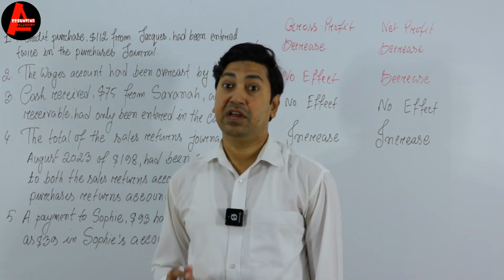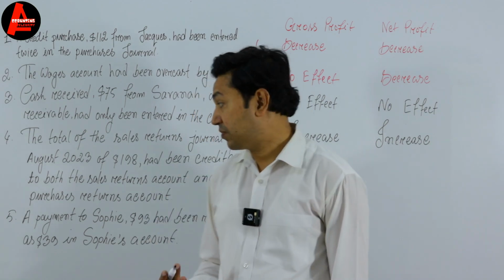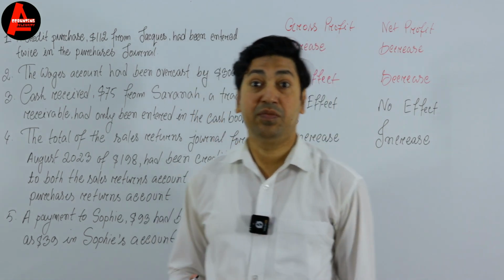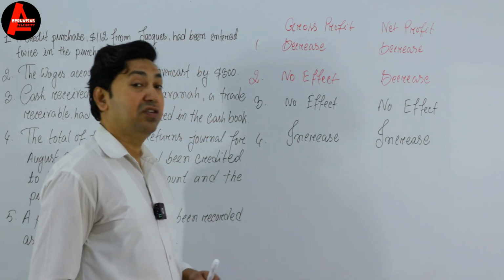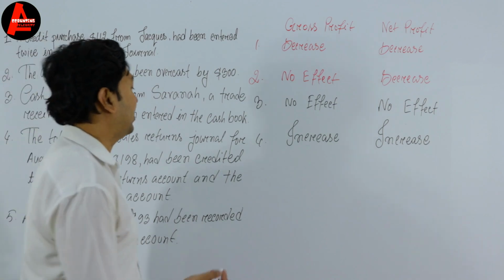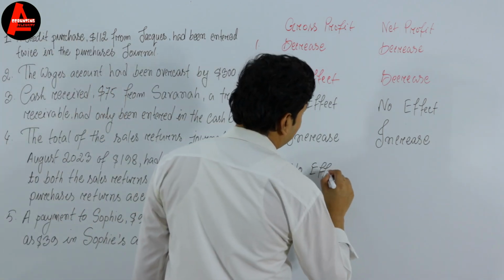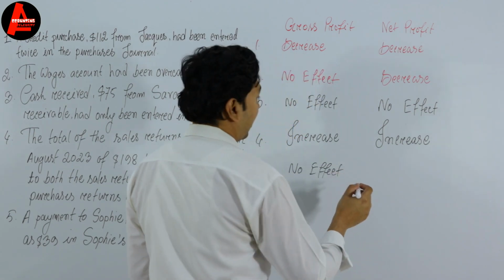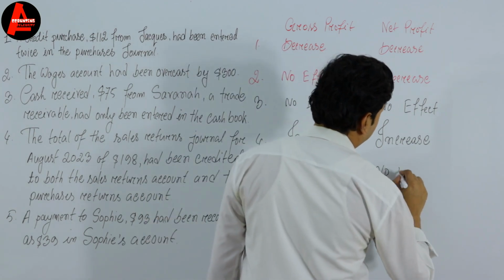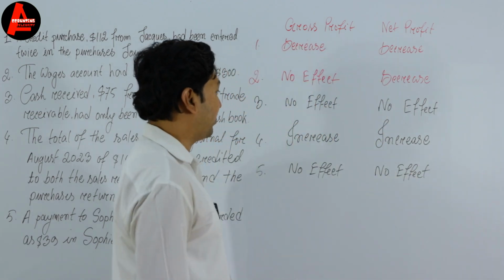So these are not expenses or incomes. As these are not expenses or incomes, there will be no effect on the gross profit or net profit, okay? So here number 5 we will write no effect on the gross profit, and the same no effect on the net profit, okay?